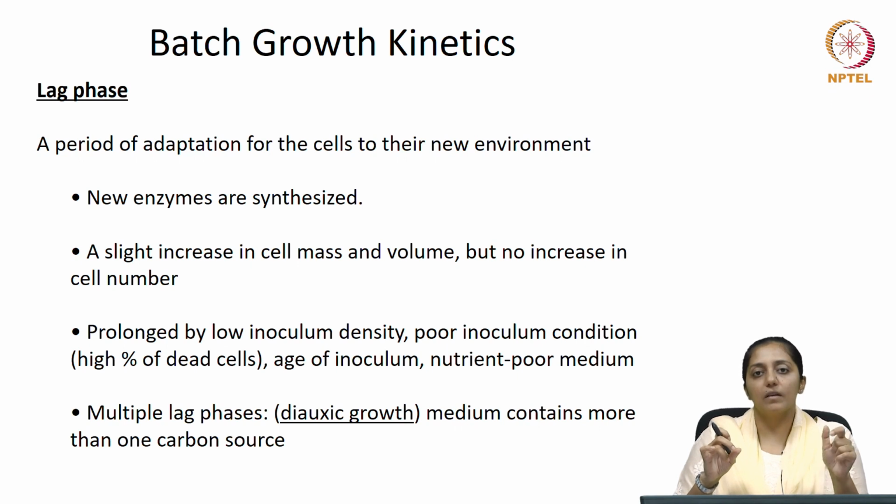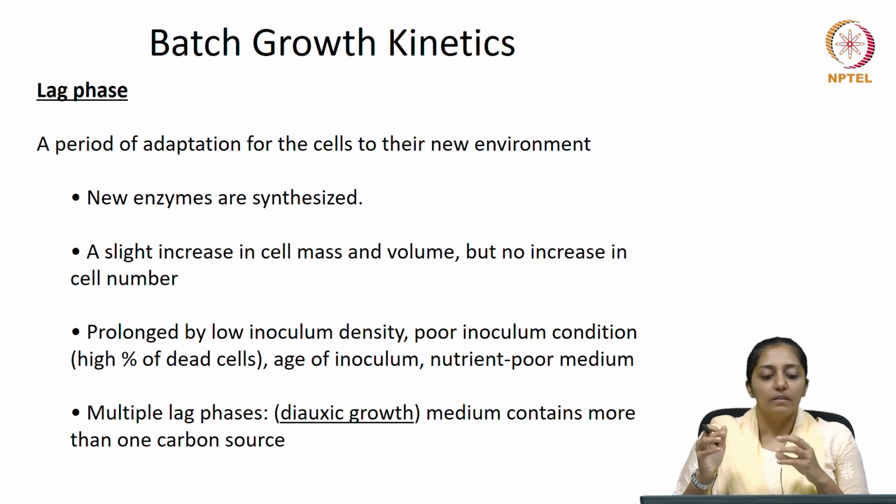So generally starter cultures are produced in rich medium and then they are brought to the production medium. They are grown in rich medium so that they can be activated. Now when such cultures which have been grown on very nutrient rich medium are exposed to a defined production medium, then you will observe lag phases.